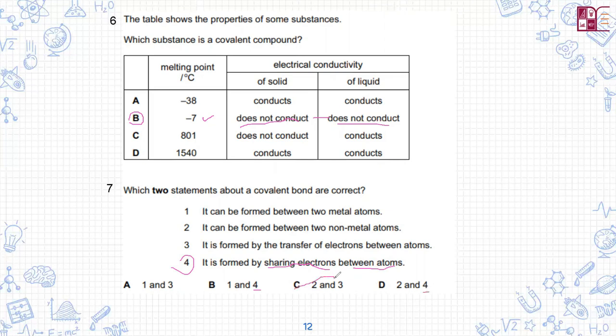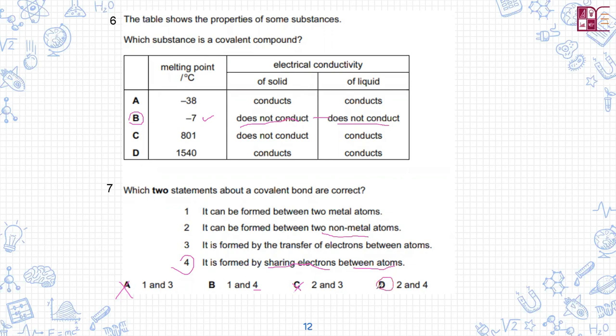So we negate C as well, and we also negate A. Now we are only left with B and D. We have to check if 1 and 2 are correct or not. Covalent bonds are formed between two non-metal atoms. So it's going to be 2 and 4.